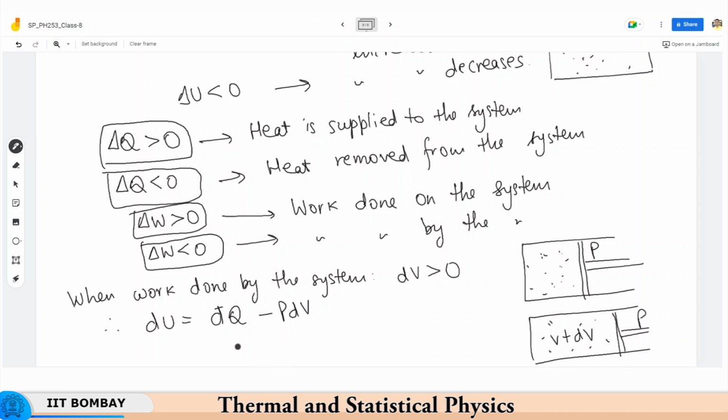So this is when work is done by the system, and in the other case, when work is done on the system, your dV will be negative, because the volume of the system will reduce. In that case the first law reads dq plus P dV, because we know that in this case dV is negative.